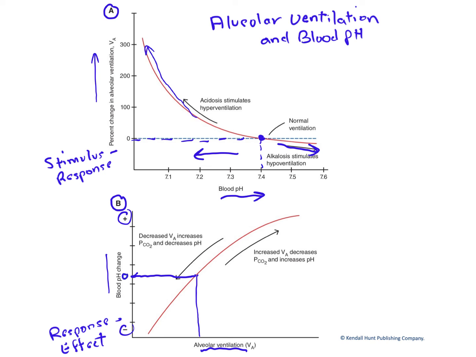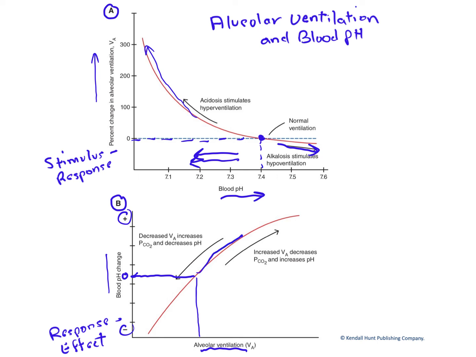Now let's just suppose that the respiratory system has been signaled as a response to a lower than normal pH of the blood, shown on the top graph, with an increase in ventilation rate. Well, if ventilation rate goes up, we're basically exhaling CO2 into the atmosphere at a more rapid than normal rate.